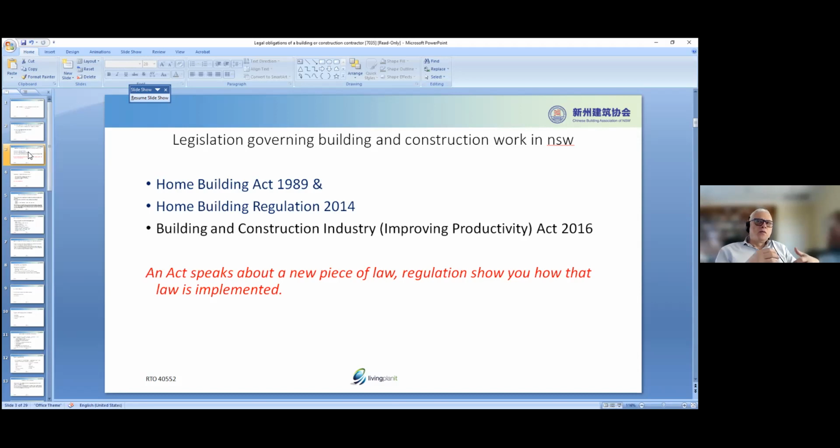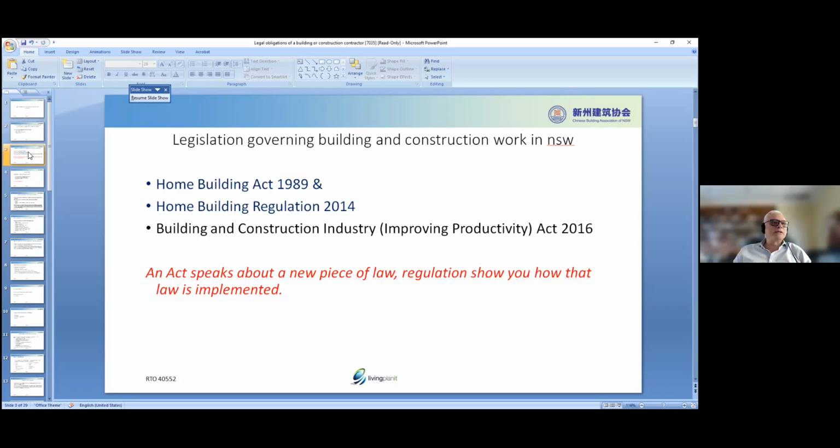So you see words such as act, regulation. What do they mean? Well, I've put down there in red, an act speaks about a new piece of law. Okay, so an act is a law that's been passed by the government, that is Parliament, where they all get there and they shout at each other, right?